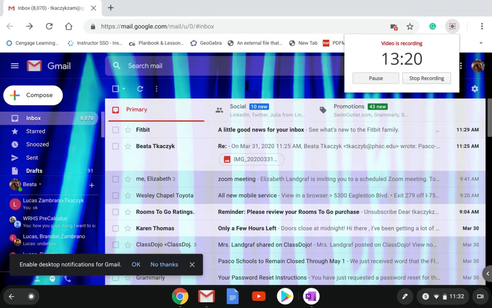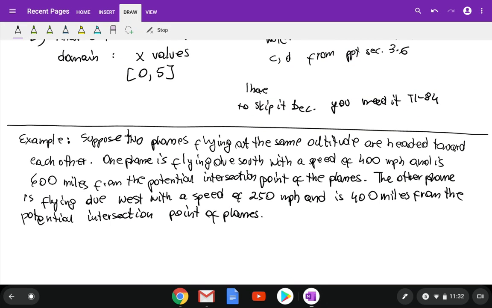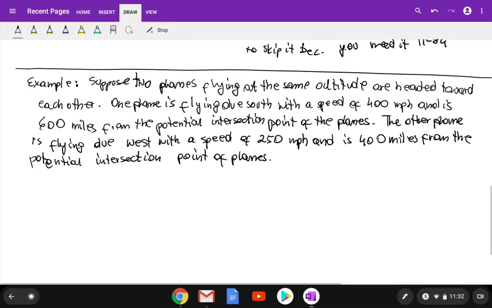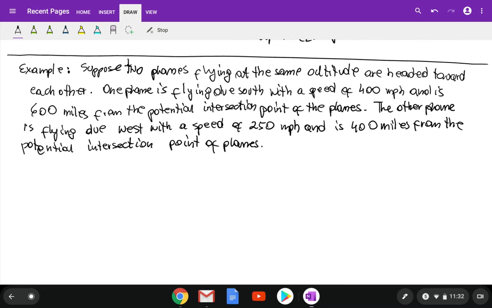Resume. So I continue. Next example, we're going to talk about planes. Suppose two planes are flying at the same altitude, headed toward each other. One plane is flying due south with a speed of 400 miles per hour, and it's 600 miles from the potential intersection point.